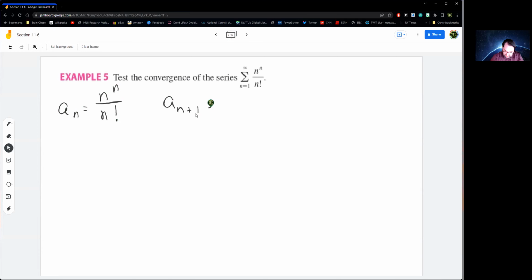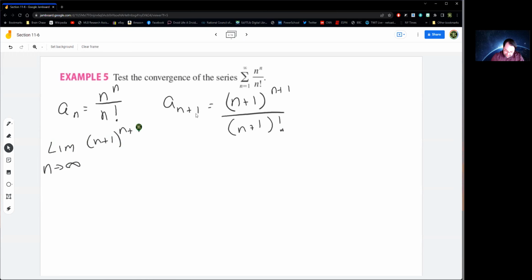An plus 1 is n plus 1 to the n plus 1 power over n plus 1 factorial. So we're doing the limit of n plus 1 to the n plus 1 over n plus 1 factorial over n to the n over n factorial.